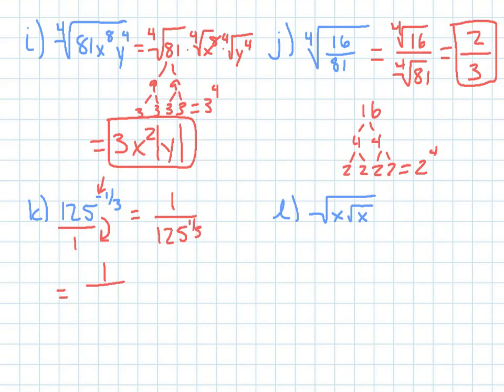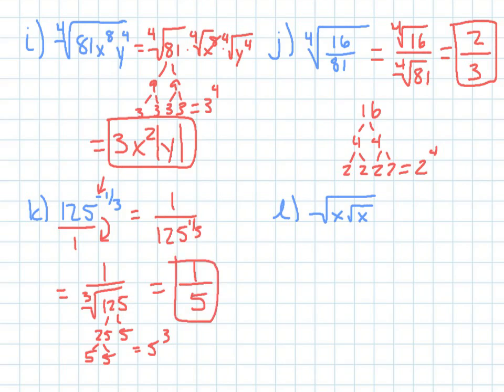So the 1/3 power is actually the third root of 125 to the first. And so here, 125 is 25 times 5, which is 5 times 5. So altogether, that gives you 5 cubed, so the cube root of 5 cubed is 5. So I get my answer of 1/5.